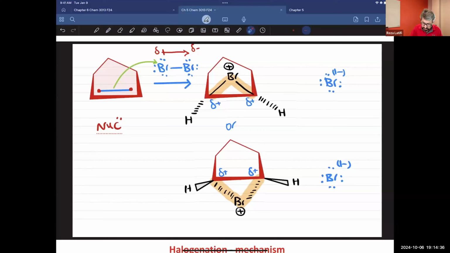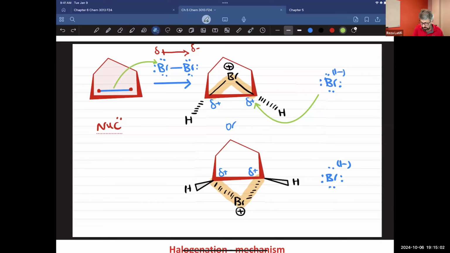But keep it in your mind: addition cannot happen from the top here. Why? Because the top is already taken by bromine. So if you want to add the bromide to it, bromide has to reach it from the bottom of the molecule. I'm going to show it by an arrow. The bromide will attack either that carbon or that one, but it has to be from the bottom of the molecule.